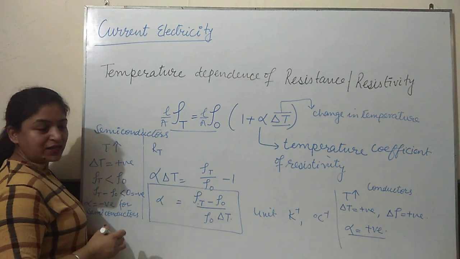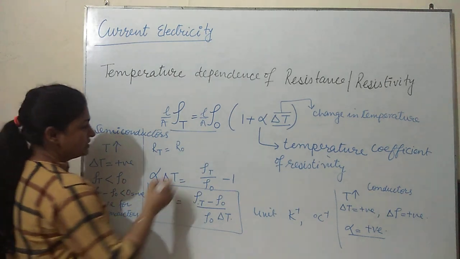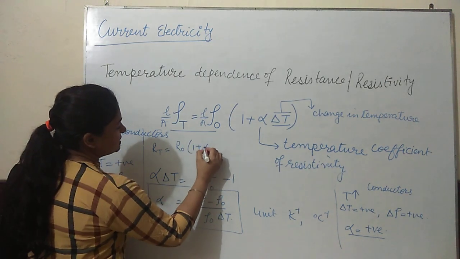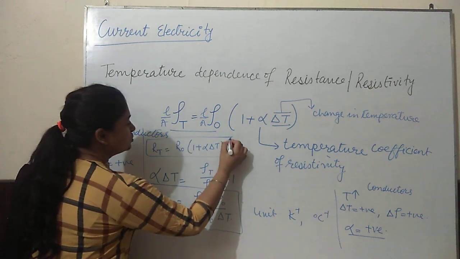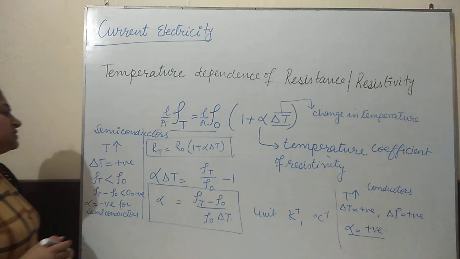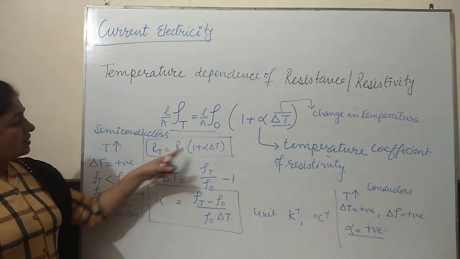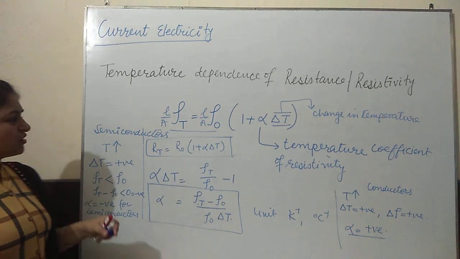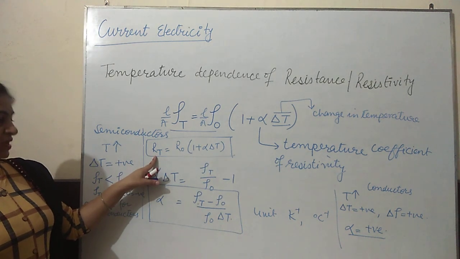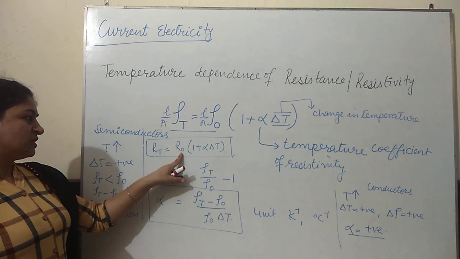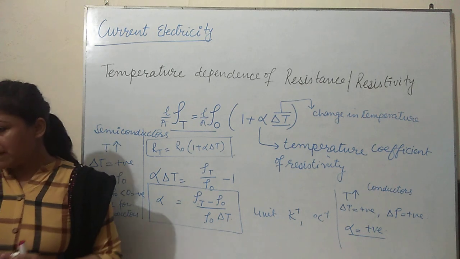Resistance at temperature T is equal to resistance at reference temperature times (1 plus alpha delta T). The same formula can be used to find the resistance as well as the resistivity. This alpha is again the same temperature coefficient, R naught is the resistance at reference temperature, and delta T is the change in temperature.